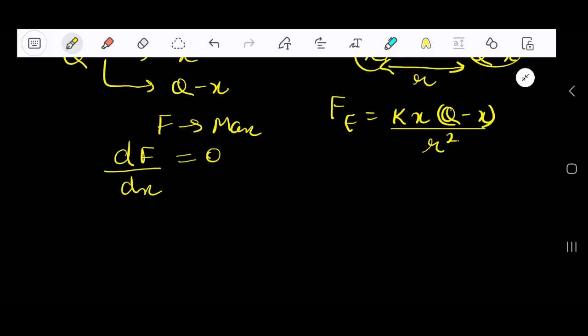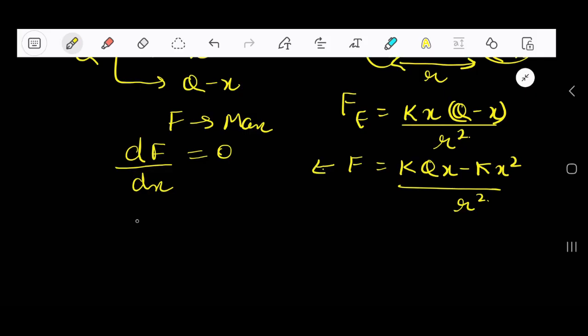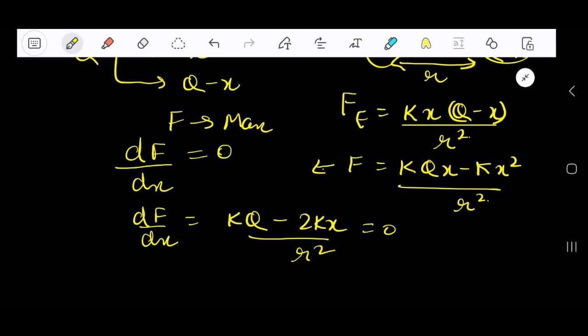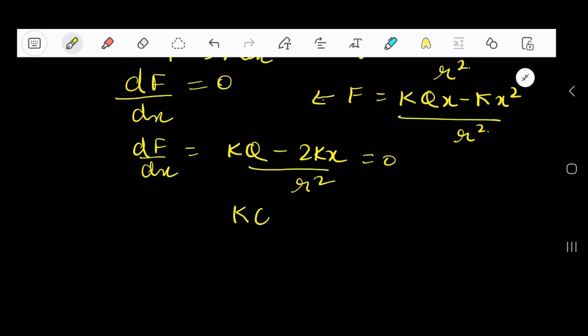Differentiating, we get kqx minus k x square upon r square, so dF by dx equals kq minus 2kx by r square equals 0. So it will become kq equals 2kx and x will be equal to q by 2.